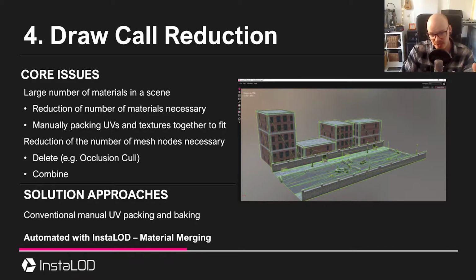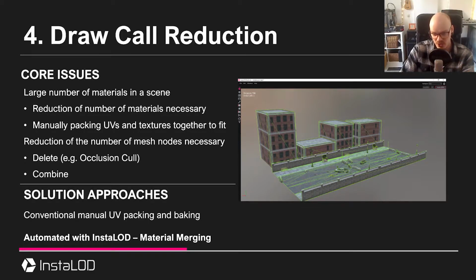Now, there are different ways of reducing the number of draw calls, and InstaLOD has a beautiful feature called Material Merge, which kind of encompasses all of the issues at once, because draw calls are typically made up from different materials and different objects. So what material merging does is it merges all of the different materials together into a single material.